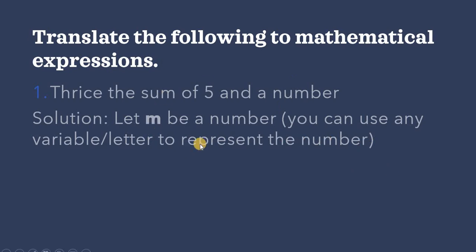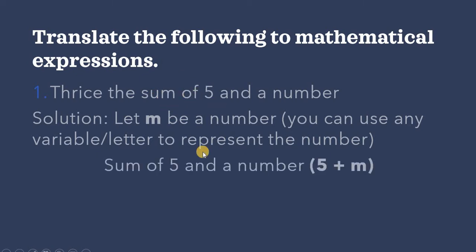For this, I am going to use M. Let's leave thrice for now and go to the sum of 5 and a number, since they are directly connected. Because of the word sum, that means addition. When we translate this to a mathematical expression, that will be 5 plus M.